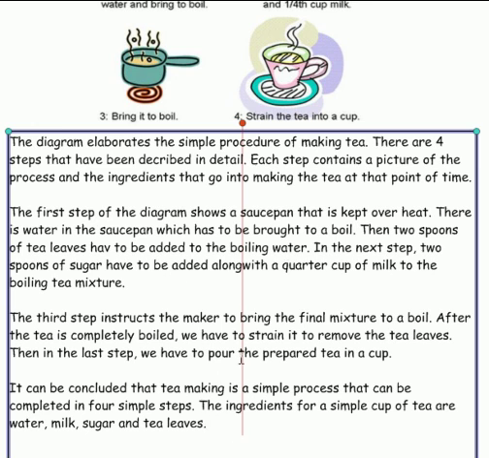Alright, so this is the conclusion. Let's count the words. 1, 2, 3, 4, 5, 6, 7, 8, 9, 10, 11, 12, 13, 14, 20, 25. So I think we have around 170 words, so that is no problem at all.